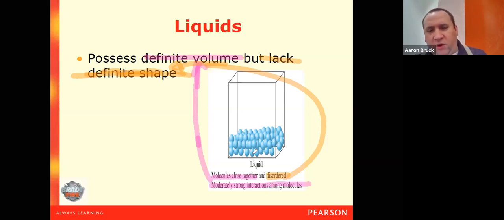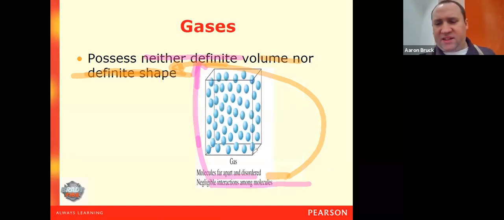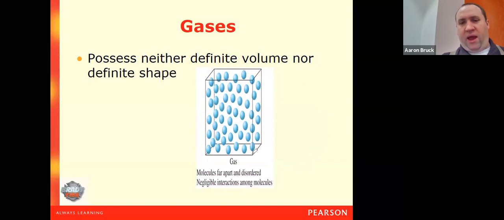So liquids and solids do have some things in common. Their defined volumes come from the close packing of their molecules together and the fact that their molecules have strong interactions with each other. Gases, on the other hand, have neither.